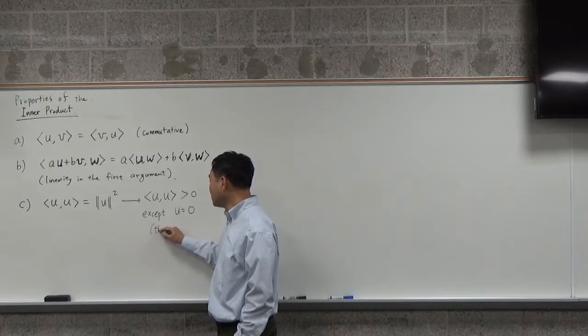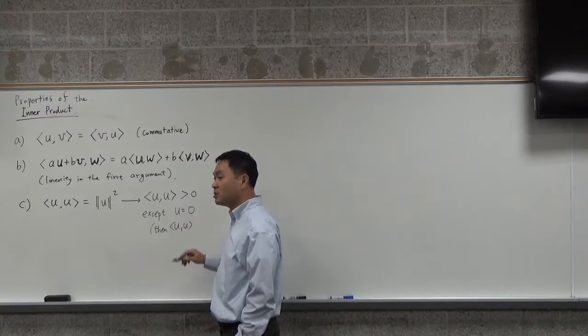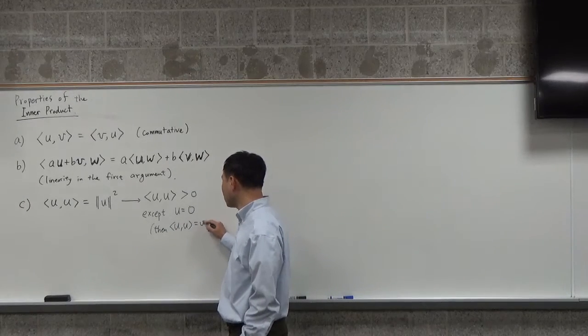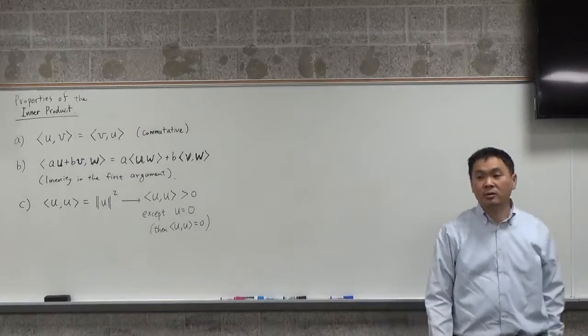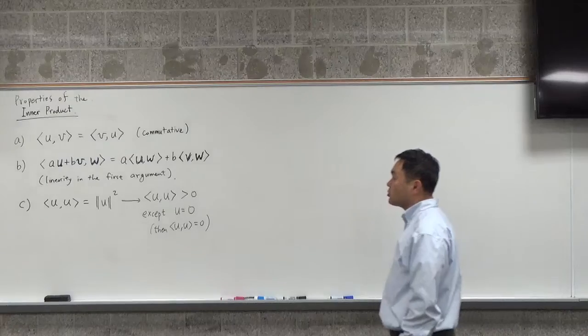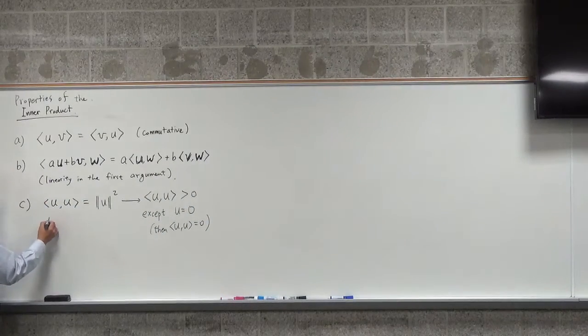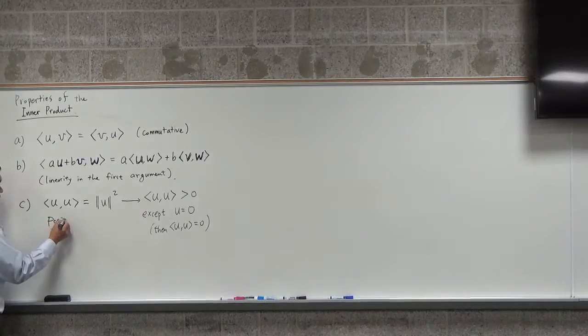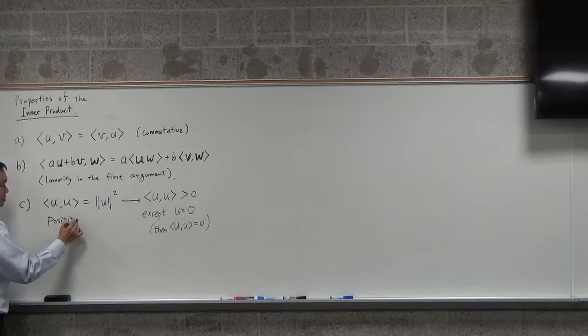Then u dot u, or u inner product with itself, will be equal to 0. So that's true. And this property is called positive definite.